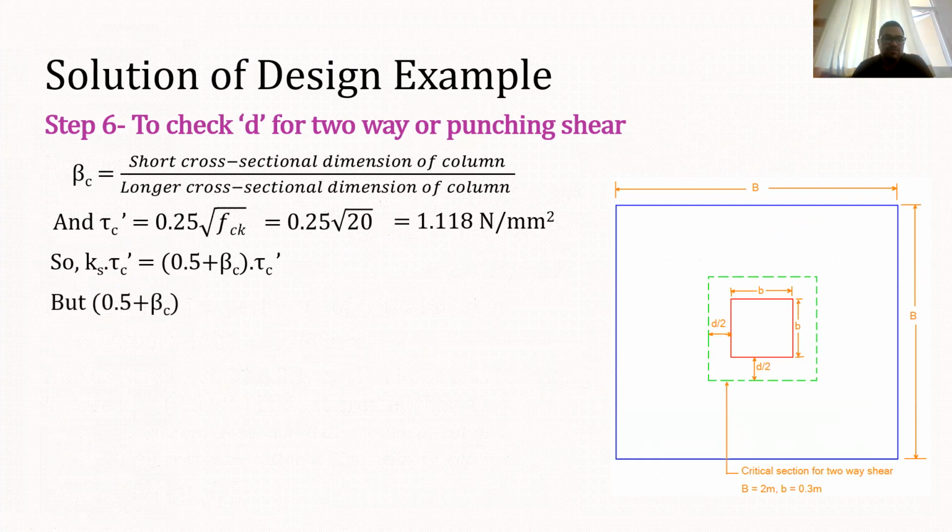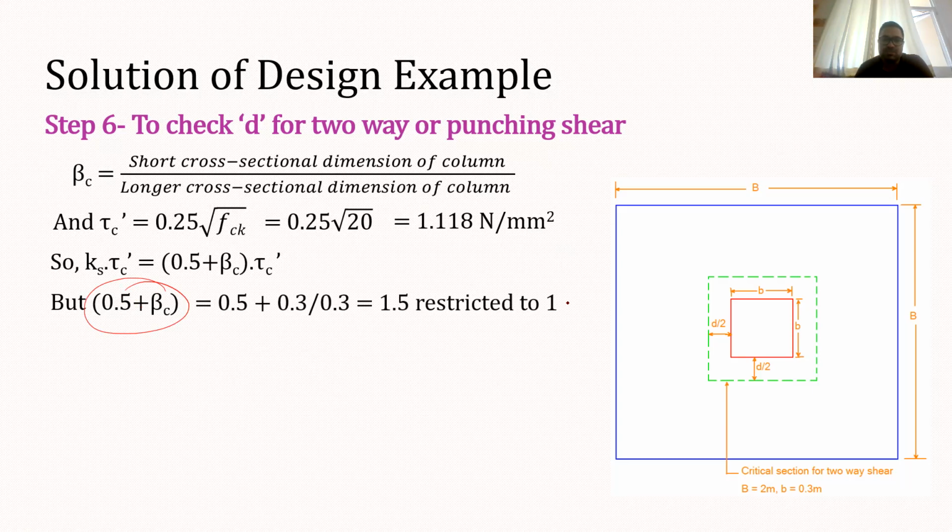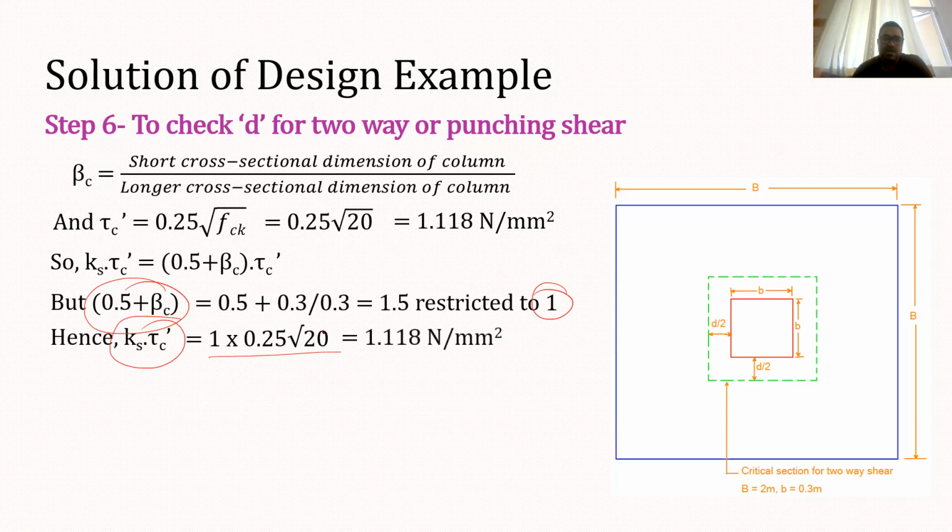And here it is 1.5, which is restricted to 1, as I have shown you in the IS code. And therefore, Ks into tau C dash becomes 1 into 0.25 under root 20, and ultimately gives us the value of 1.18. So here, now we have to compare this with tau V dash.